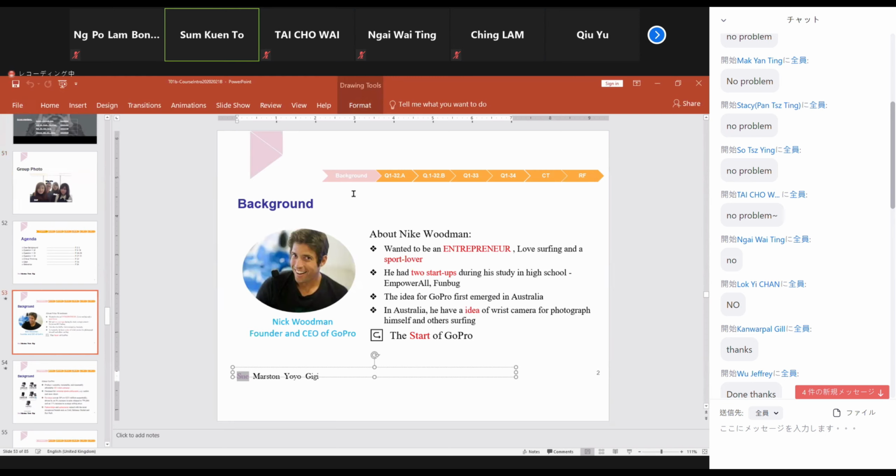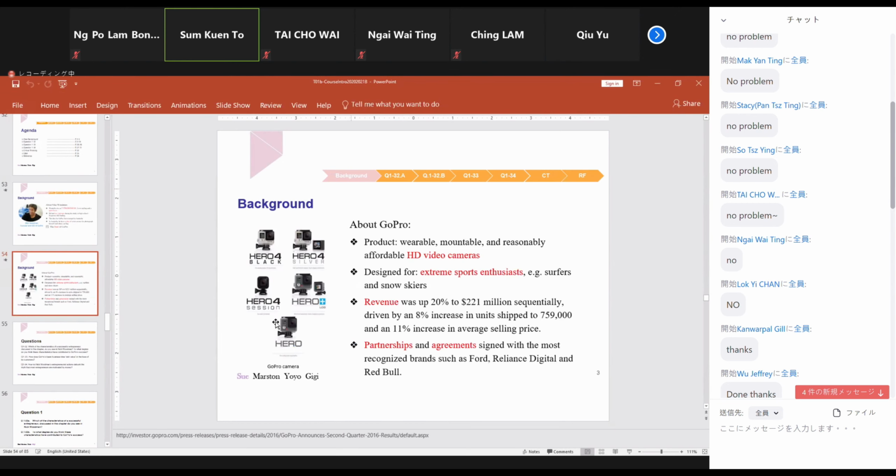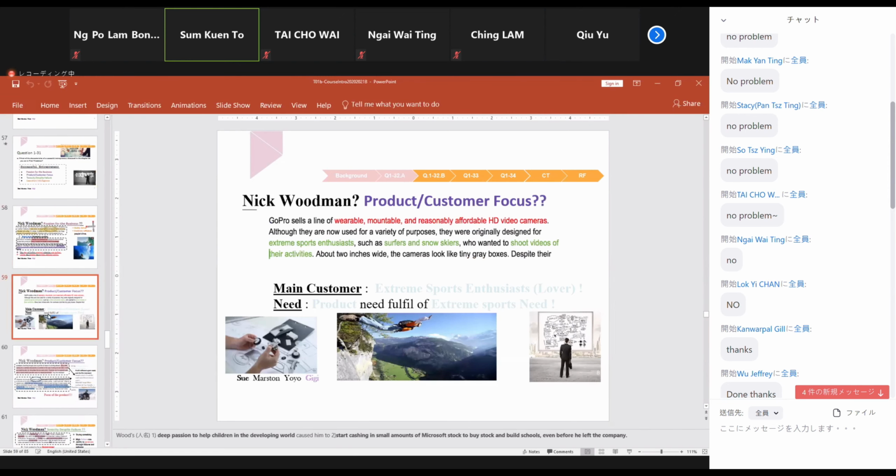And then we are now here, background, etc. Every PowerPoint slide, we are still on the background by Zui. And then, for example, here, okay, and then now we are in the first question, and this is presented by Gigi. So this is small trick will make your presentation carefully planned.